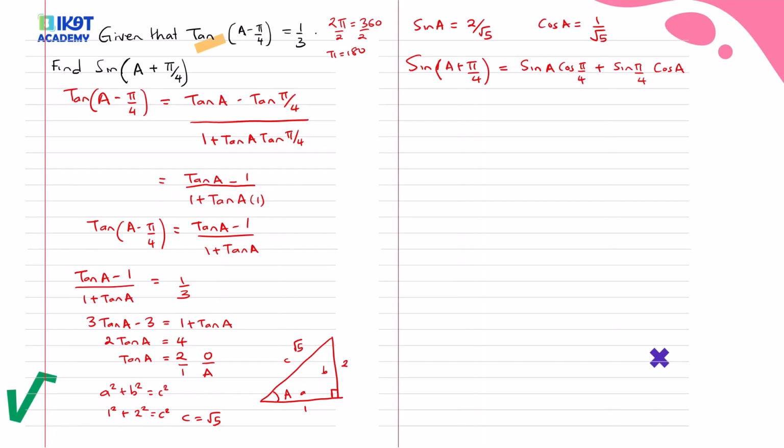You can use your calculator, but I think it's better we use our triangle method, because we want to have our answer in surds. So sine A is 2 out of root 5, and the cos of pi out of 4 is root 2 out of 2. That's in surds, because we want an exact answer. You could choose otherwise, but it would not be a very good answer. So this is root 2 out of 2.